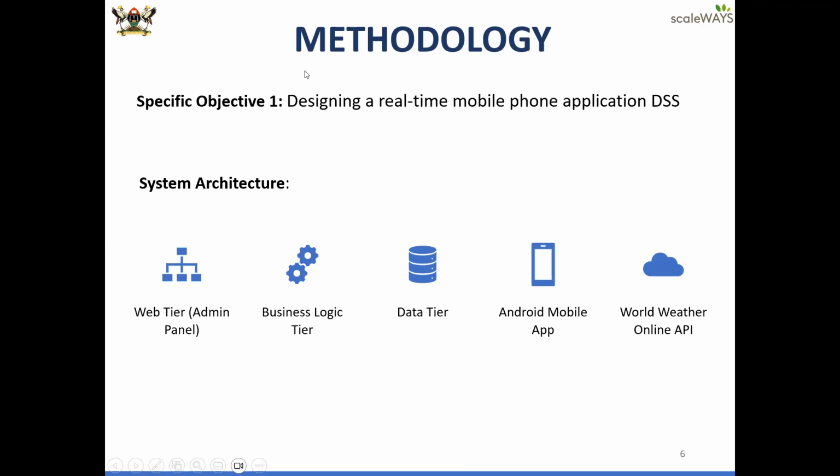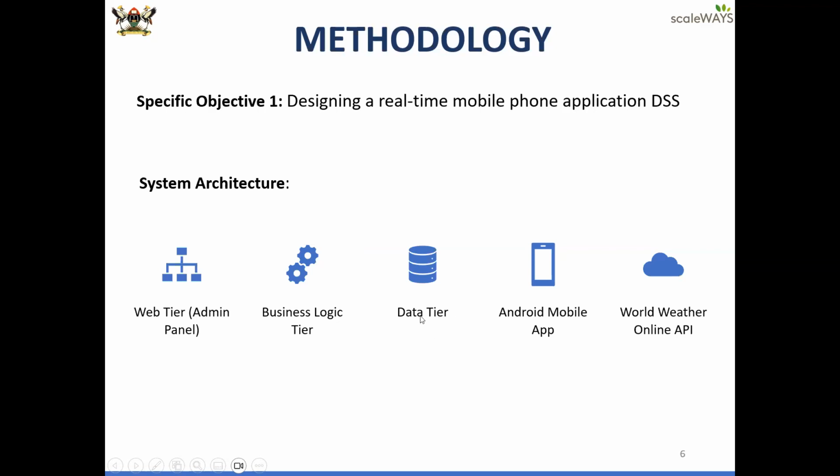So the design approach involved the web tier system where the admin has to log in, and this can be a farm manager or irrigation scheme manager. Then the business tier logic, which integrates the web tier system with the data tier and the back-end information.